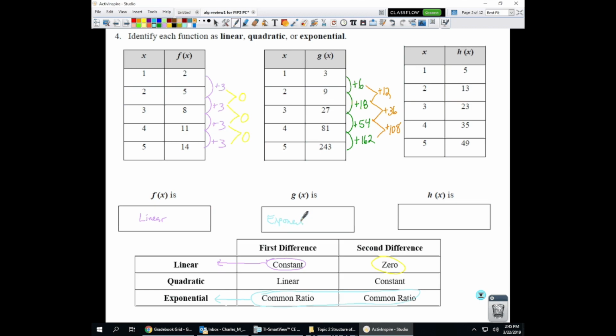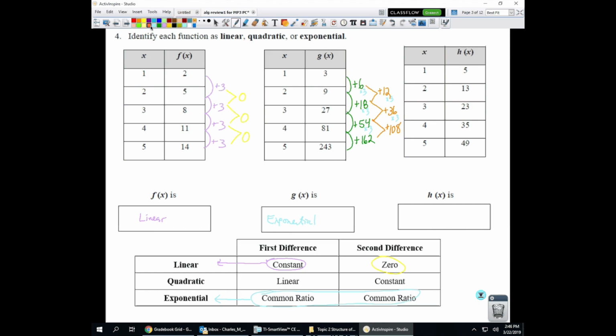Now, if you have forgotten what common ratio means, in other words, it's saying that we have a multiplier. 6 times 3 is 18, times 3 is 54, times 3 is 162. We see that same pattern in the second difference: 12 times 3 is 36, times 3 is 108. We describe that as a common ratio.